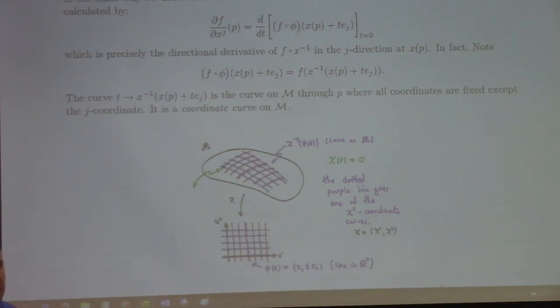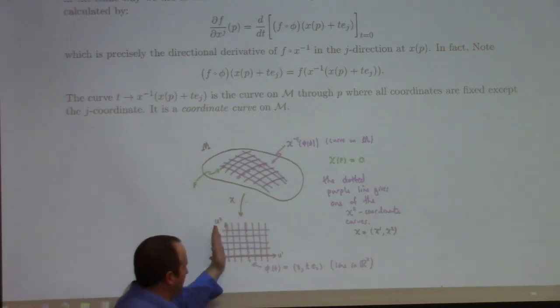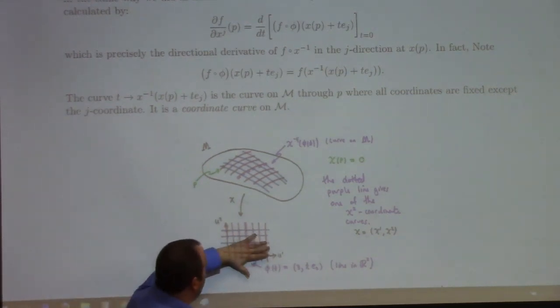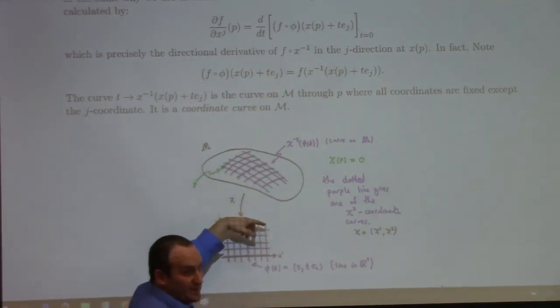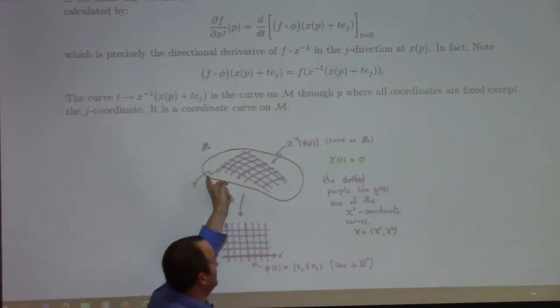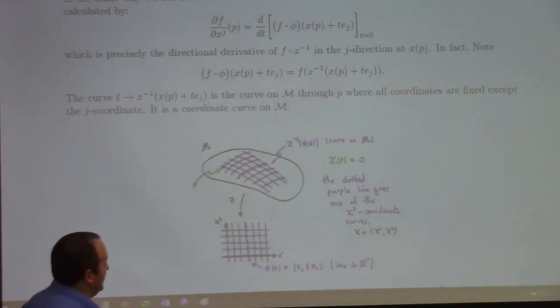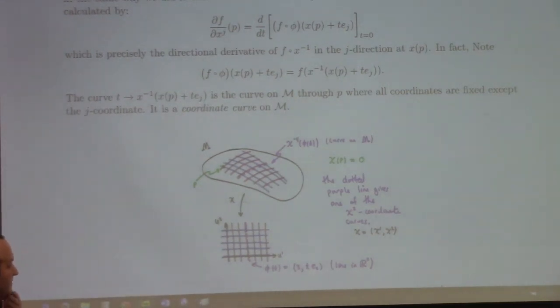We're taking a line down in the parameter space of the manifold, and this is getting mapped up to some grid up here, and we're studying how f changes along these curvy lines that are the image of that. That's what partial f, partial xj is telling us about. That helps.